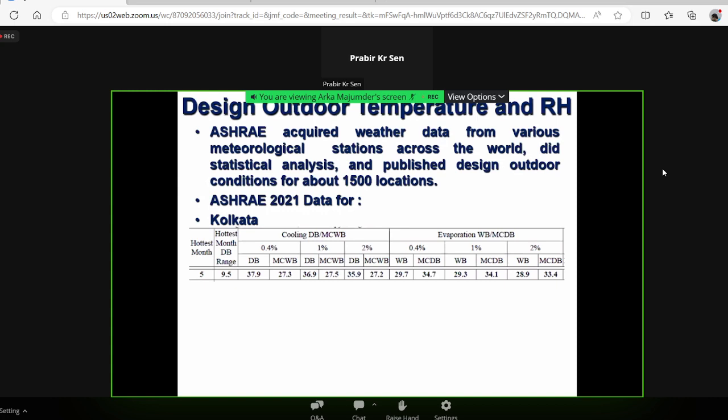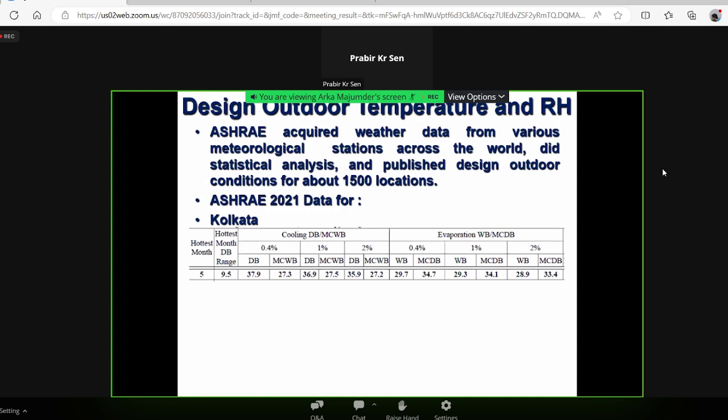These are occurrence levels. So we have data for 0.4%, we have dry bulb temperature and mean coincident wet bulb temperature for all the 0.4%, 1% and 2%. Now 0.4%, if we select 0.4% dry bulb temperature for Kolkata, it is 37.9.